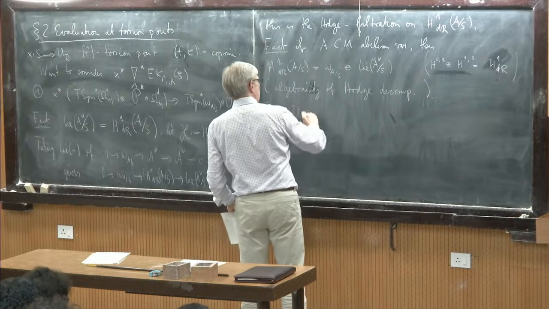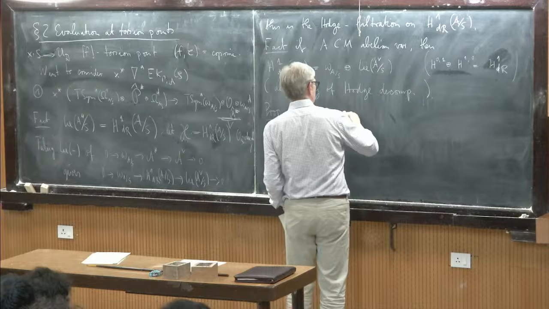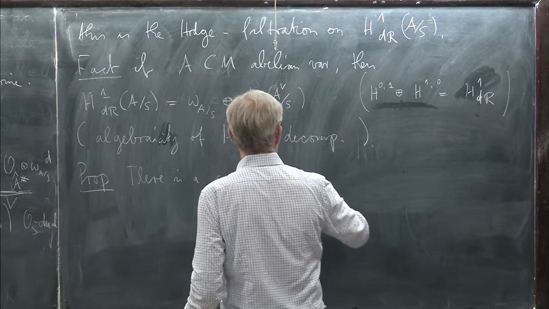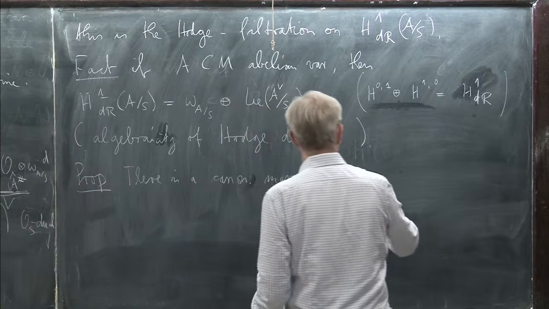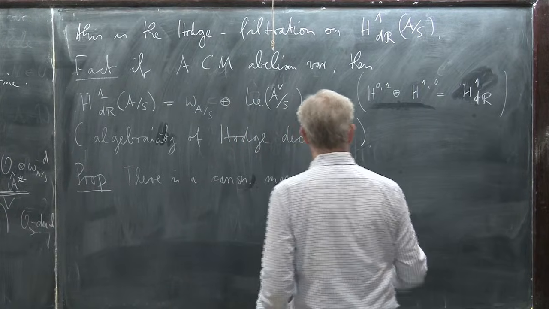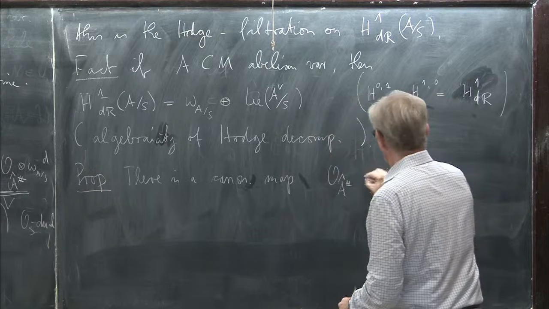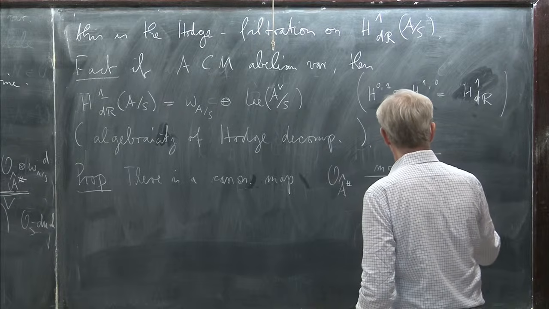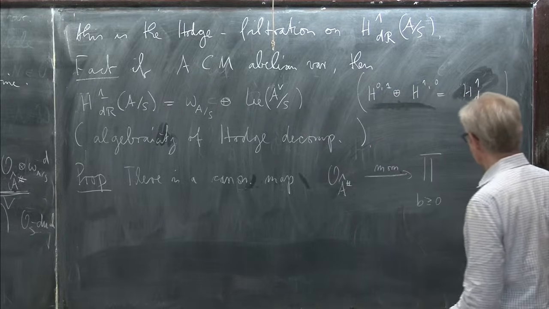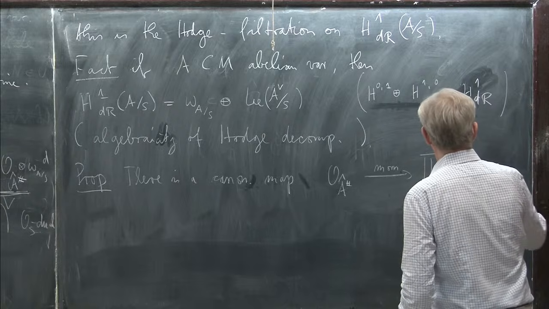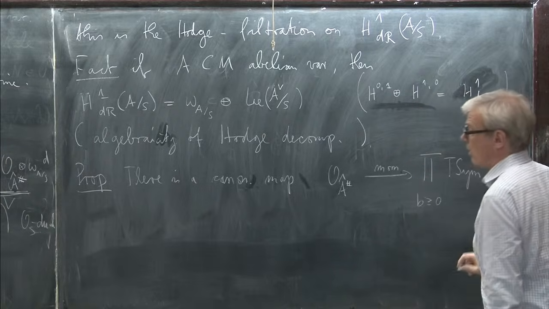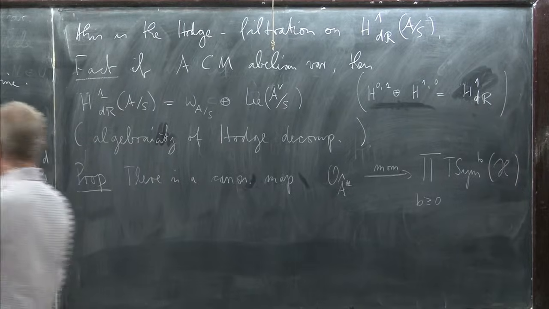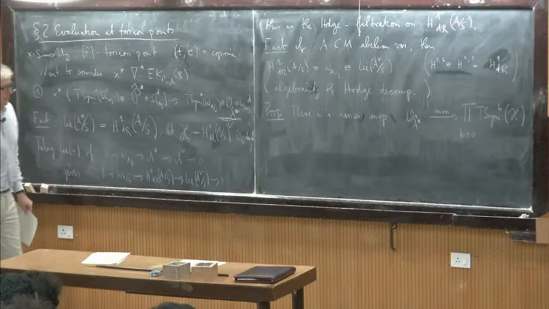There is a canonical map from the formal completion of OA, which I call again the moment map, to the product over all B bigger or equal to 0 of the B-th symmetric power of that sheaf H, which is just the dual of this H1 de Rham.